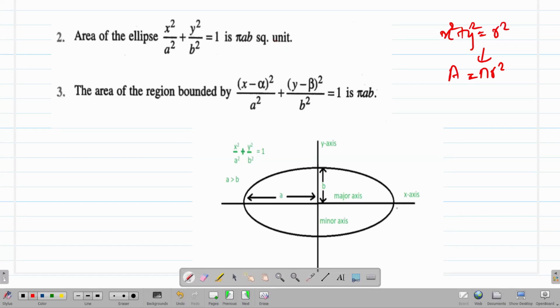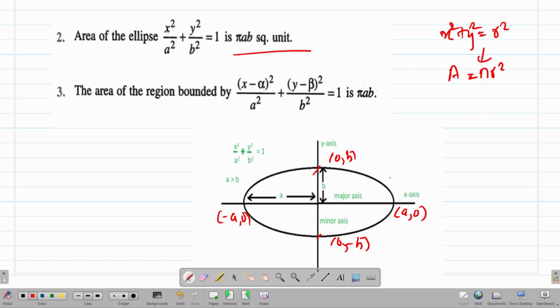This is my ellipse, the first type of ellipse where a is greater than b. So these are my vertices (a, 0), (-a, 0), and this is my (0, b). The ends of the minor axis are (0, b) and (0, -b). The area of this ellipse is πab.